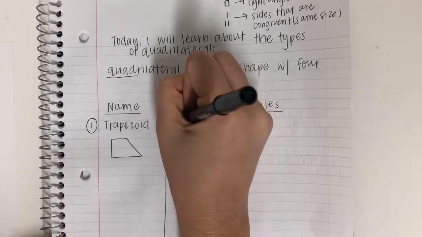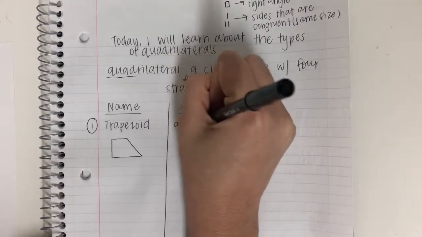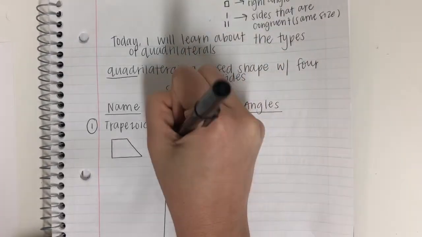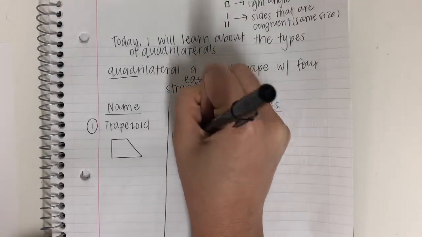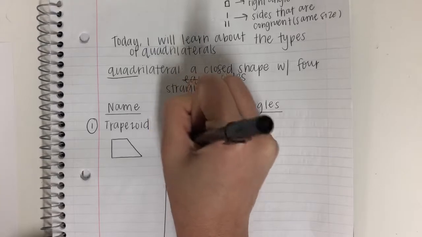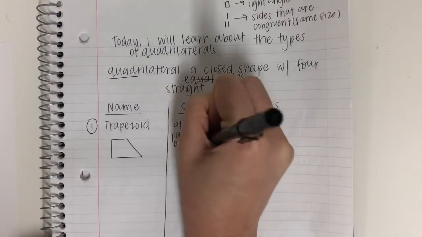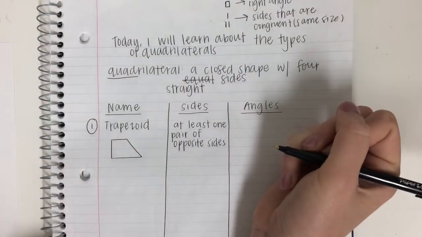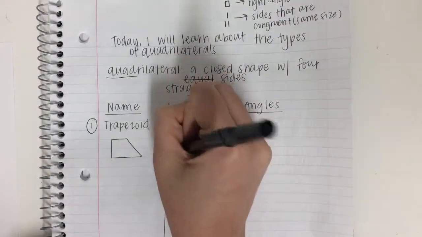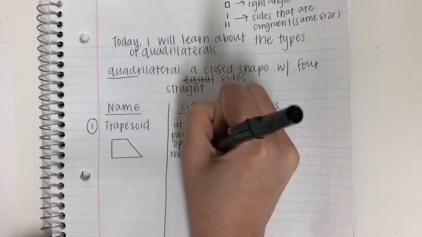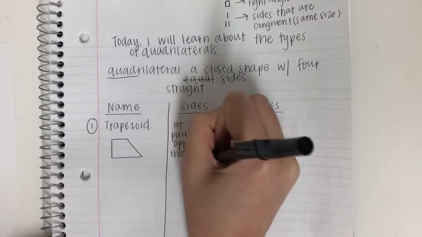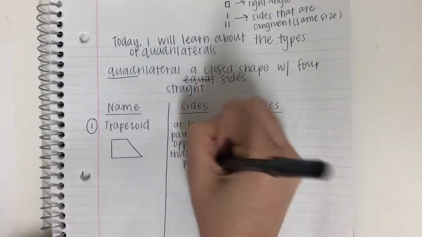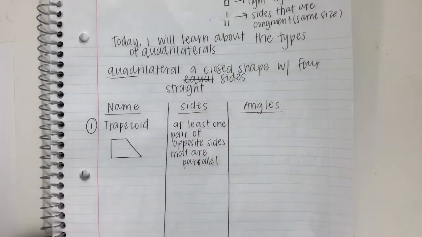It has at least one pair of opposite sides that are parallel. Oops, spelled that wrong. Double L, not double R.